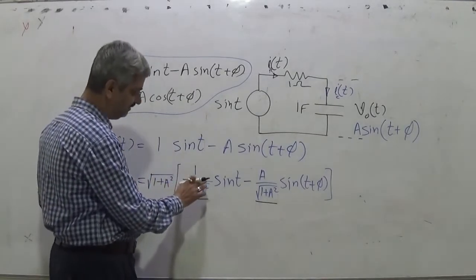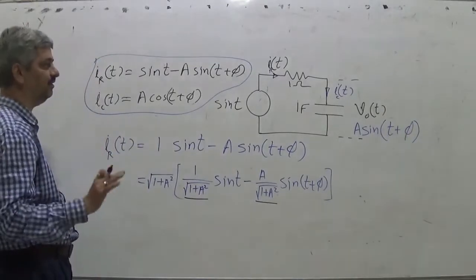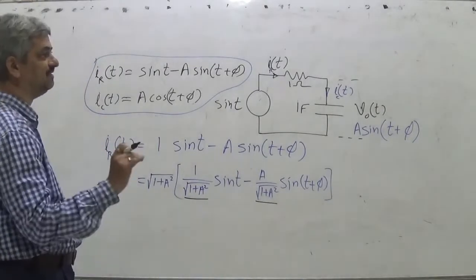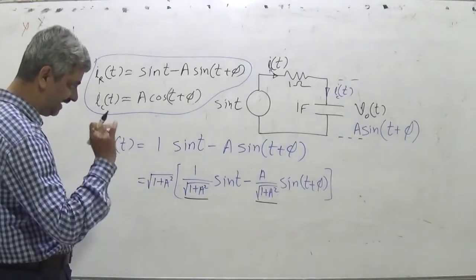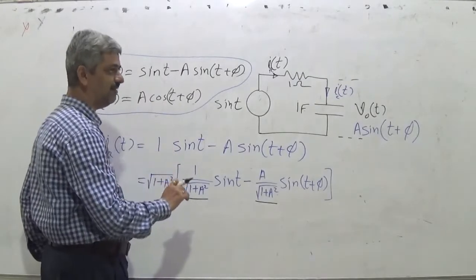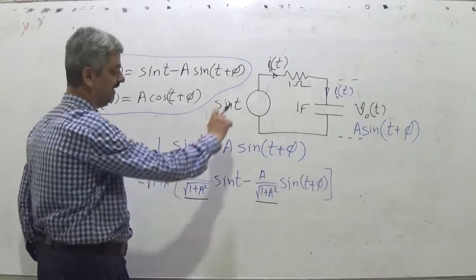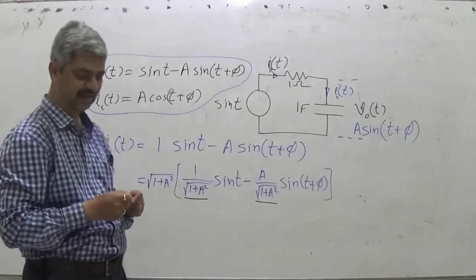And if I square them and add, see, if I have got both numbers between minus 1 and plus 1, and if their square addition is 1, then if one of them I can assume as cosine, I can assume the other as sine.